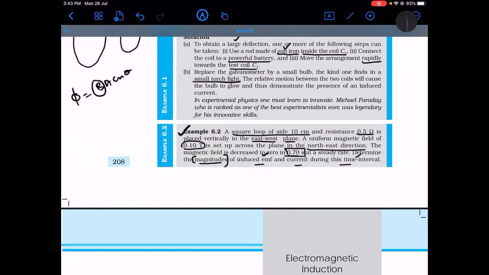Instantaneous, sir? No, they told it decreased to 0 between 0 to 0.7 seconds. So between is always an average value. If the preposition at is used, if the question said the magnetic field is decreased to 0 at 0.7 seconds, then you should use the instantaneous value. Am I clear? Yes, sir.